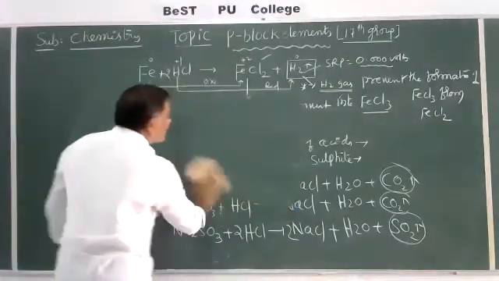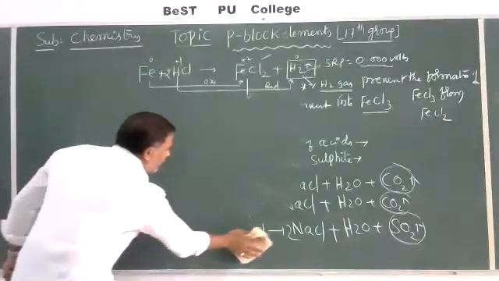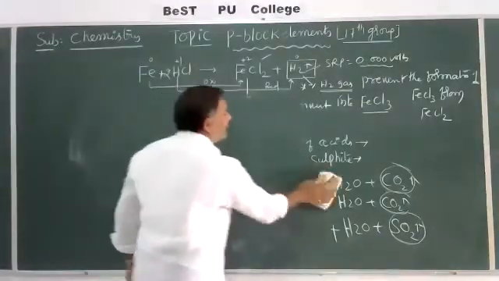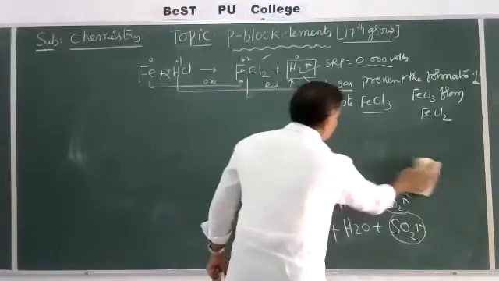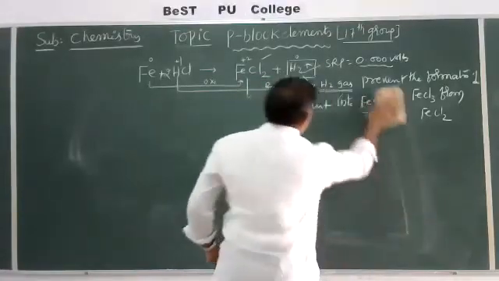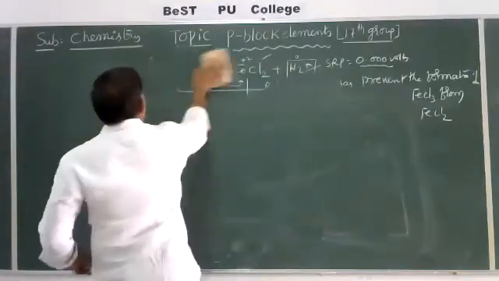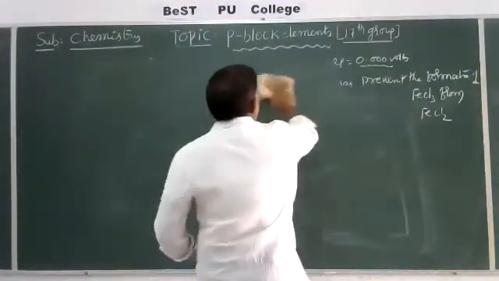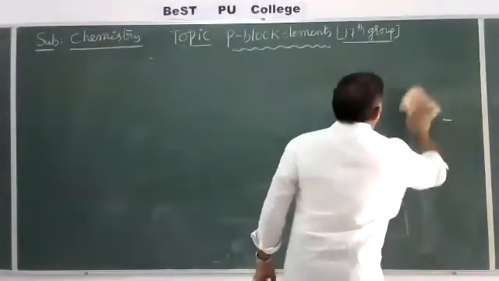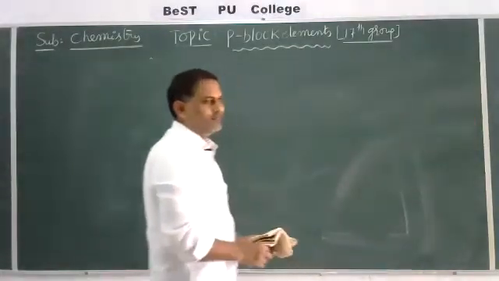These are some important preparation methods and properties of hydrogen chloride. The next one is very simple: the uses of HCl, hydrochloric acid.